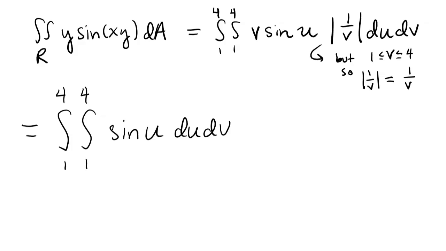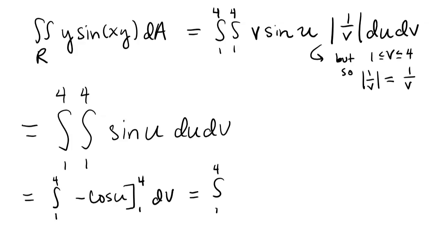So then now the integral of sine of u du is negative cosine u. This is going to be from 1 to 4. And then we're still doing that integral from 1 to 4 dv. So this is the integral from 1 to 4. We're going to have negative cosine 4 minus a negative, so plus cosine of 1 dv.